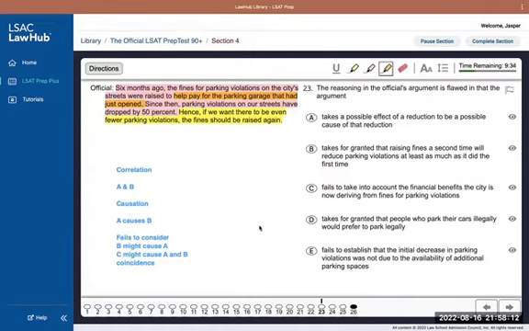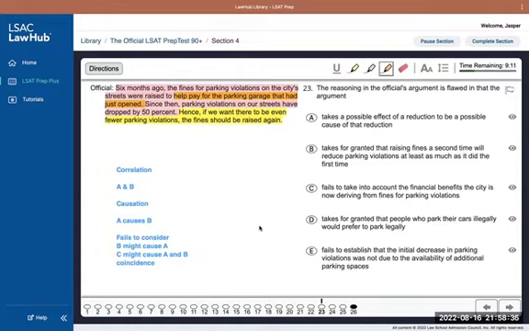So at the same time that the fines were raised, a parking garage also opened. Could that parking garage be our C variable that could cause B? Could the parking garage opening have caused the parking violations to drop significantly? That seems quite plausible to me.